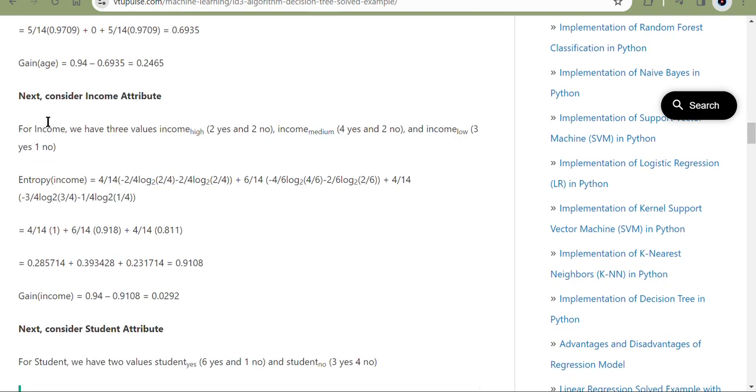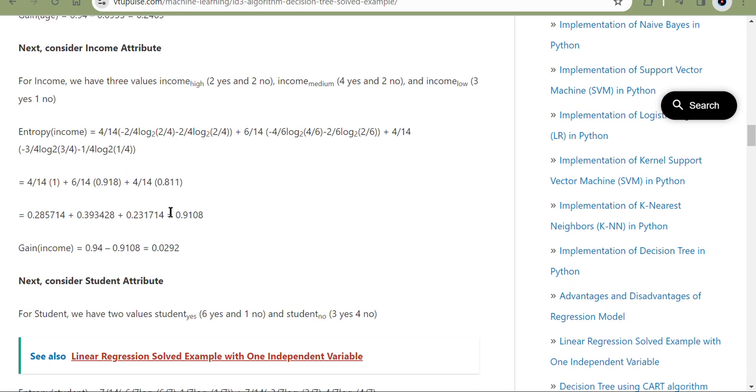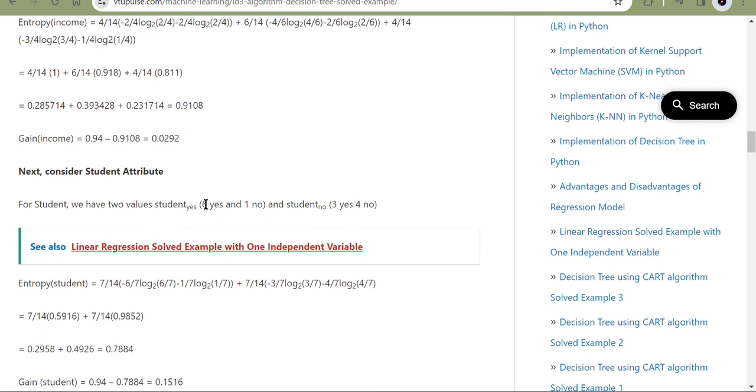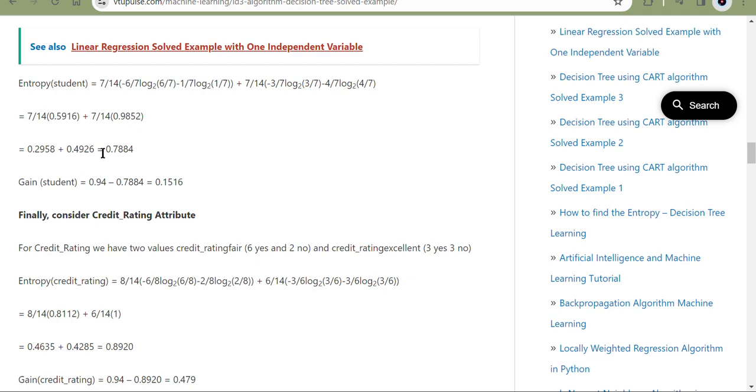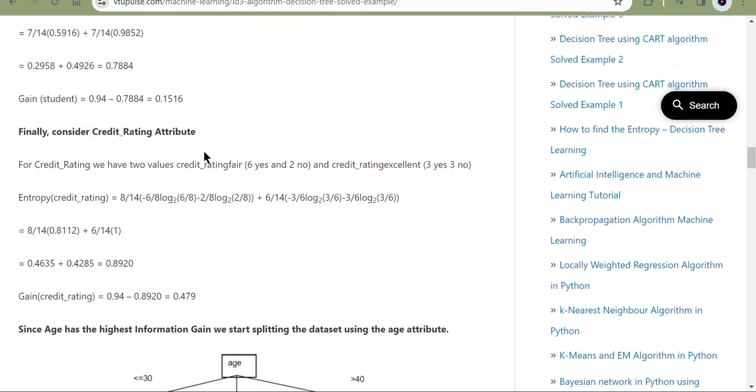Next consider the income attribute. The gain will be this, and the entropy will be this. Next consider the student attribute. The gain will be this. Finally consider the credit rating attribute.